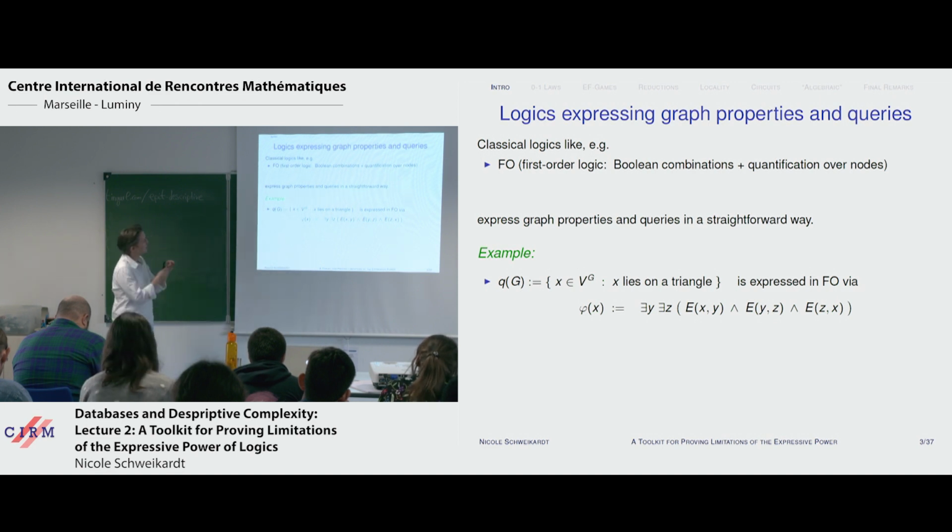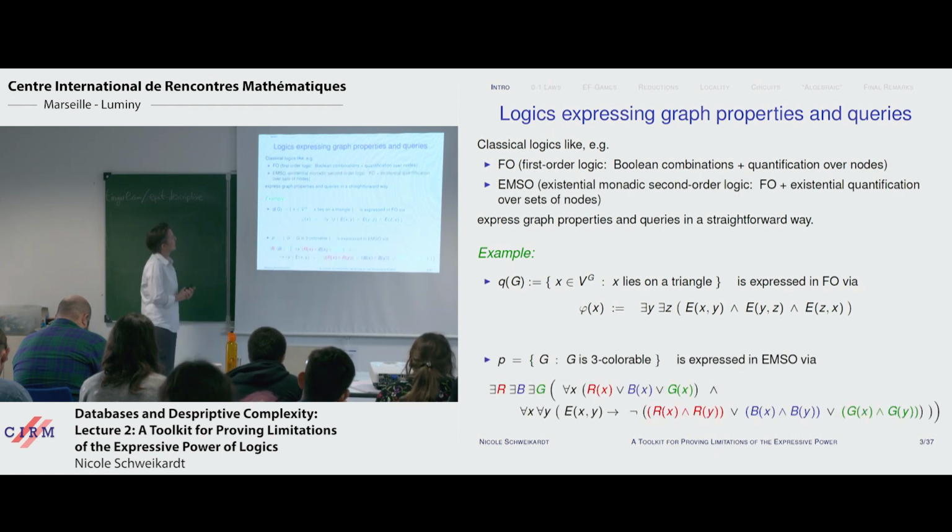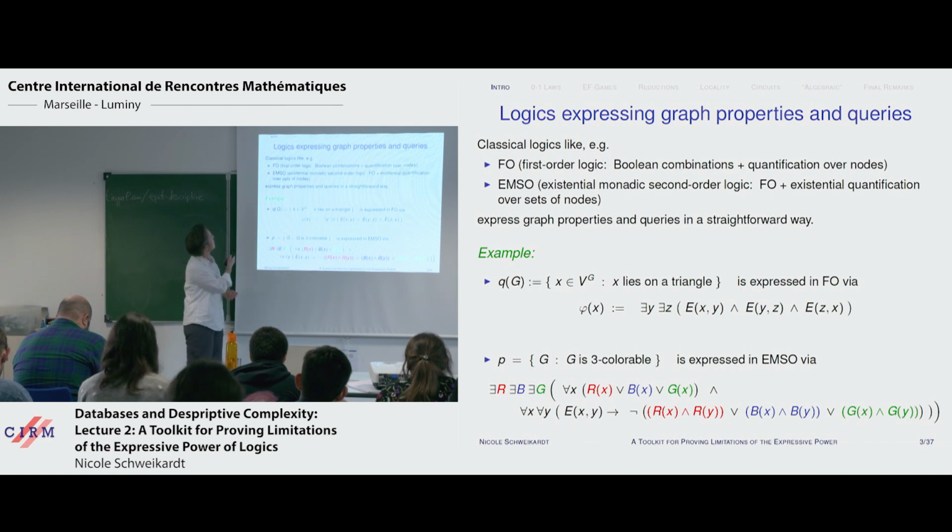Then we can discuss if these nodes must be pairwise distinct, and you can add this in first-order logic. Or in existential monadic second-order logic, which is a subclass of existential second-order logic, you can express 3-colorability of graphs. And that's essentially just by writing down the definition of 3-colorability. So that's a generic formula.